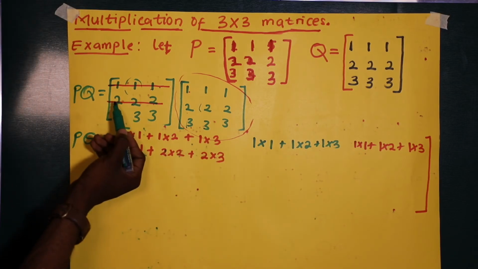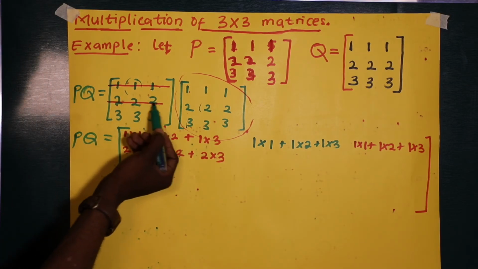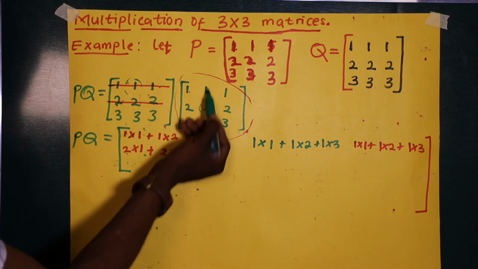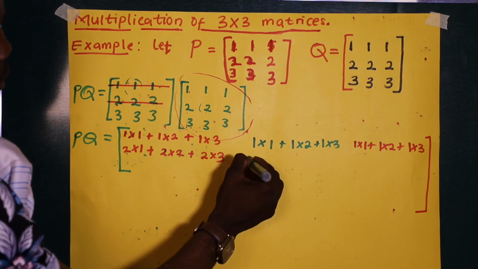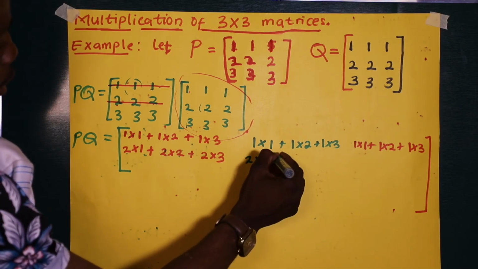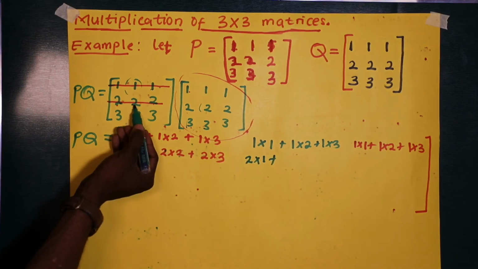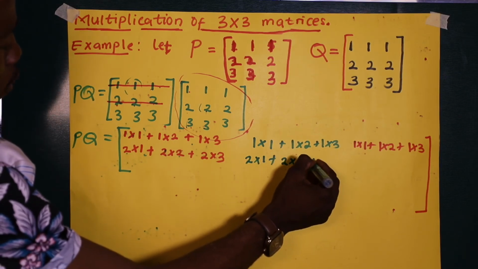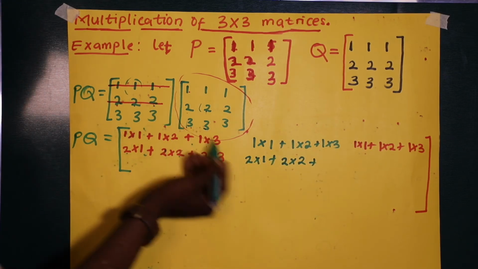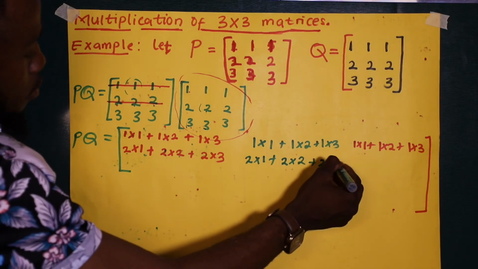make a space and multiply the row with the second column of the other matrix. 2 times 1, plus 2 times 2, plus 2 times 3.